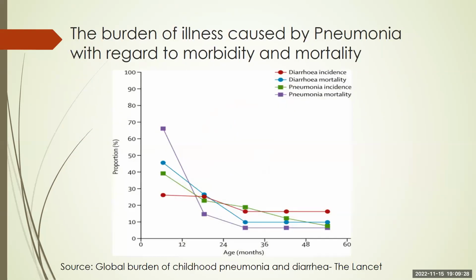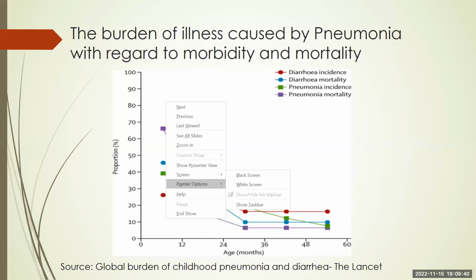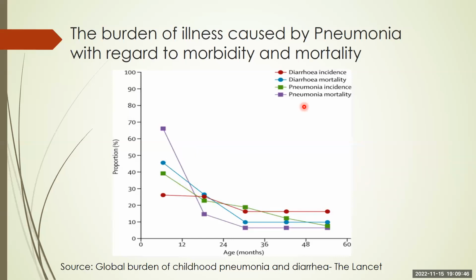Okay. So this is a graph showing the burden of illness caused by pneumonia. From the slide, we can see that the purple line indicates pneumonia mortality. The blue line is mortality due to diarrhea.